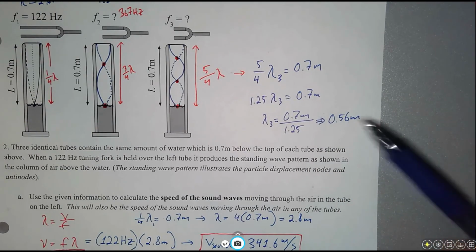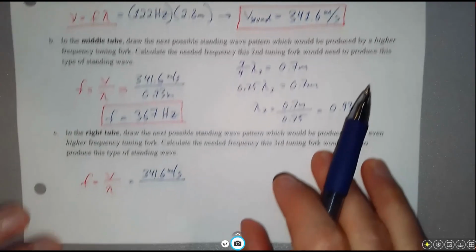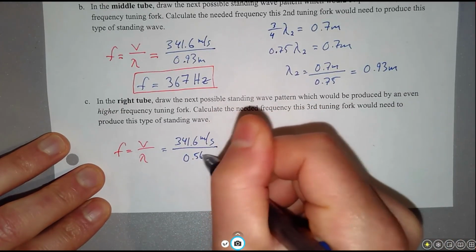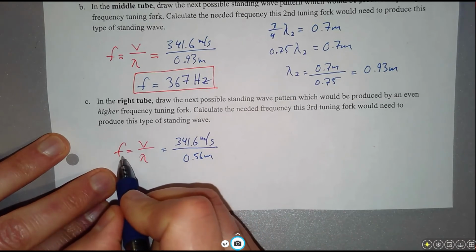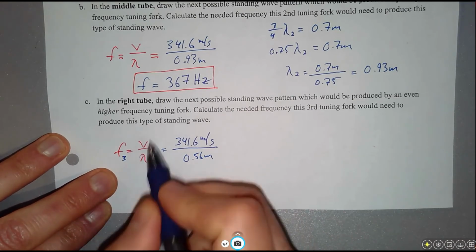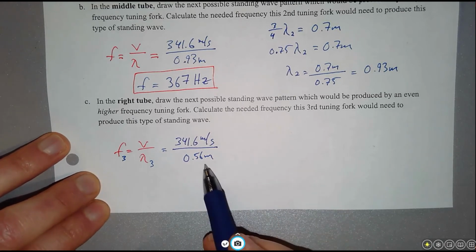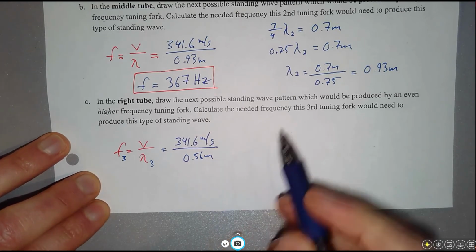That would yield a wavelength of 0.56 meters. So we're going to divide by 0.56 meters. Maybe it'll be helpful to say that the third frequency is equal to the wave speed divided by the third wavelength. So that's the wavelength for the third sound wave.